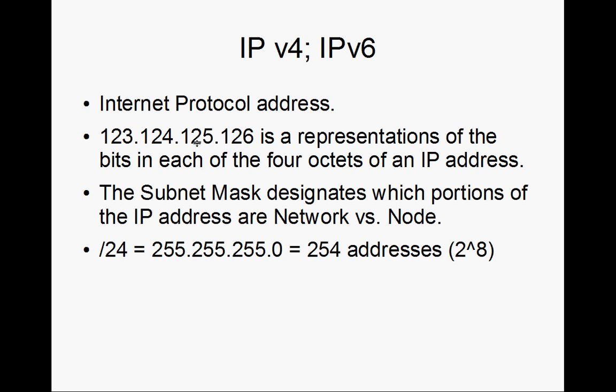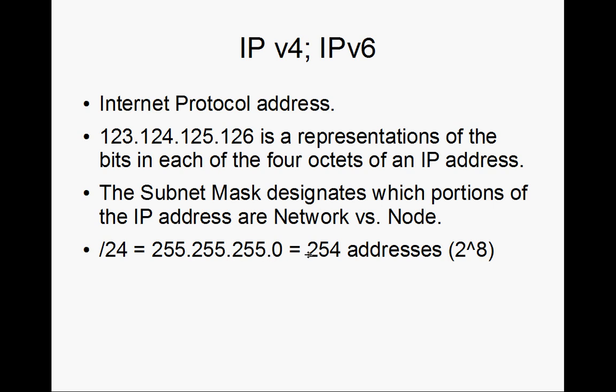And rather than 32 bits, there's a 128-bit address. And the really important part of this is the subnet mask matters for the DHCP server. A /24 subnet mask means this part has 1s all the way across it, and this part, and this part, and this part is left for nodes.